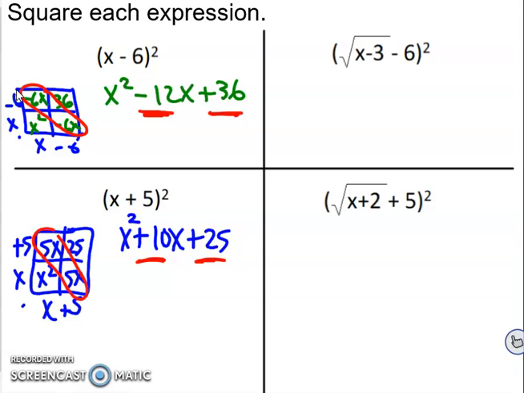If the generic rectangle is being done, those 2 numbers will show up in the final answer. We also talked about how, because we are still squaring, in this case a square root, there was some additional simplifying. But in terms of the generic rectangle, you should see a minus 12 somewhere and a 36, and again, a 10 and a 25.